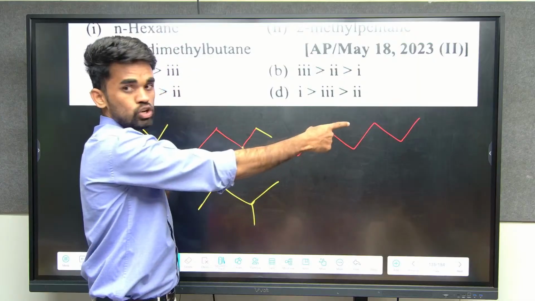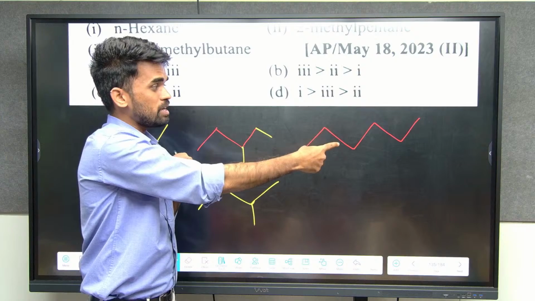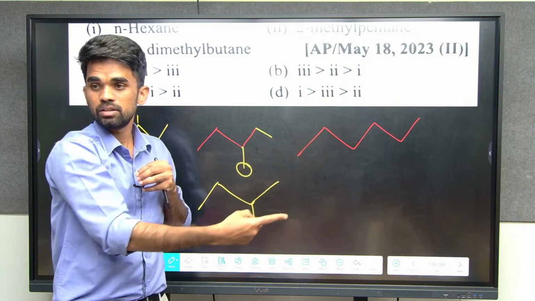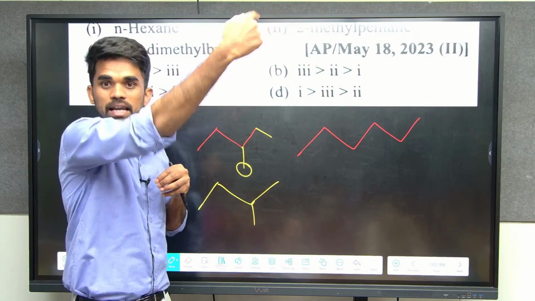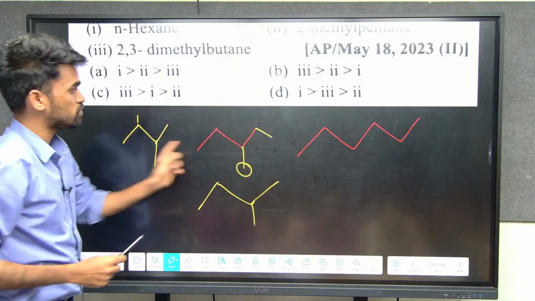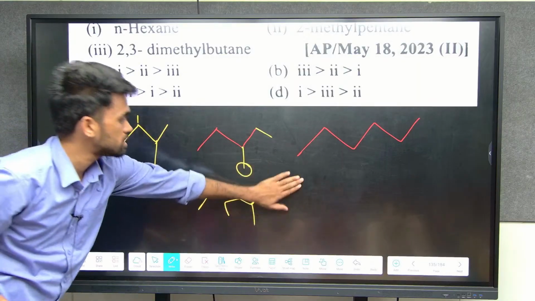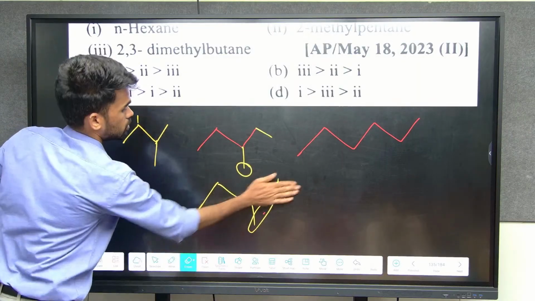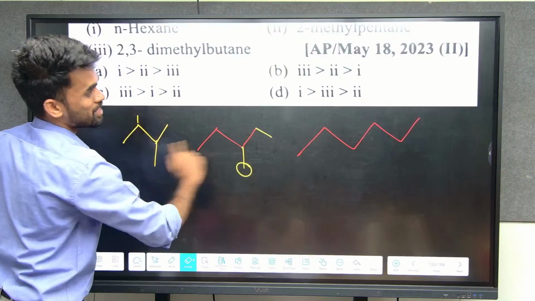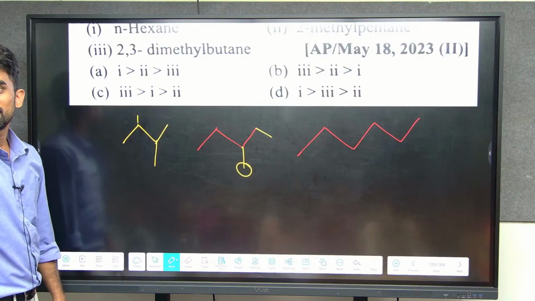So for isomers, which is having highest boiling point? The N isomer, less number of branches, more is the boiling point. See, all of these 3 are isomers. Yes or no? Isomers or not? These 3 are isomers or not? Yes, tell me which is having more boiling point?